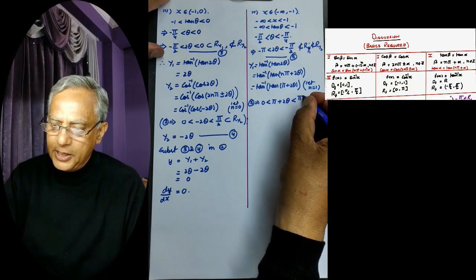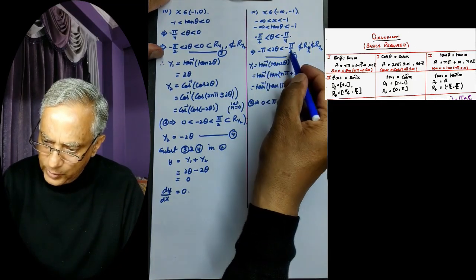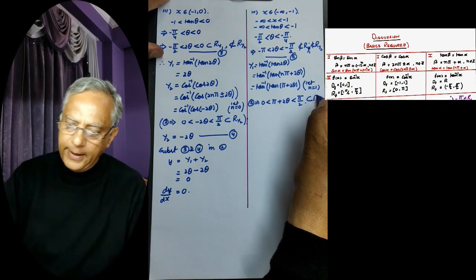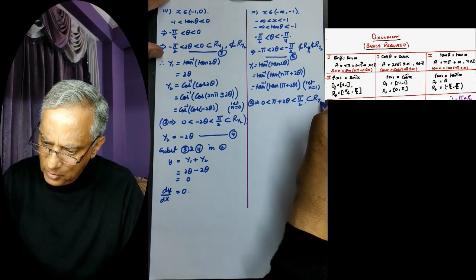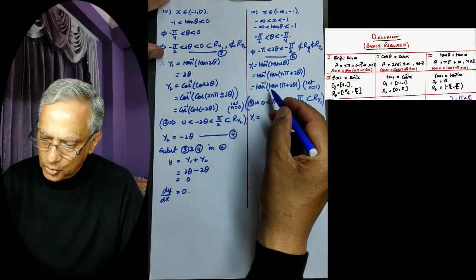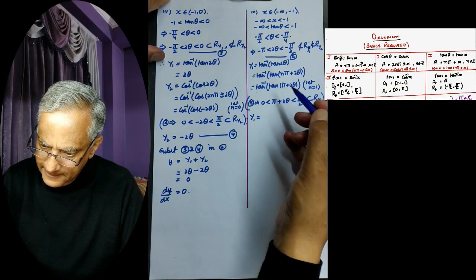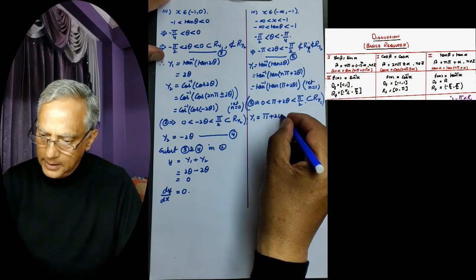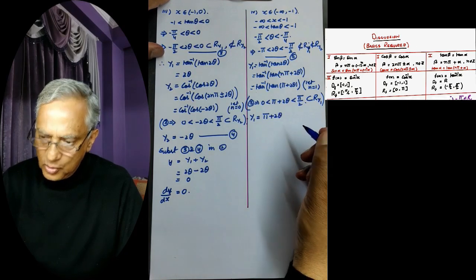This inequality will change into this. And this is within the range of y1. So we can write y1 is equal to tan inverse tan of pi plus 2 theta, so this will be pi plus 2 theta. Say this as 6.